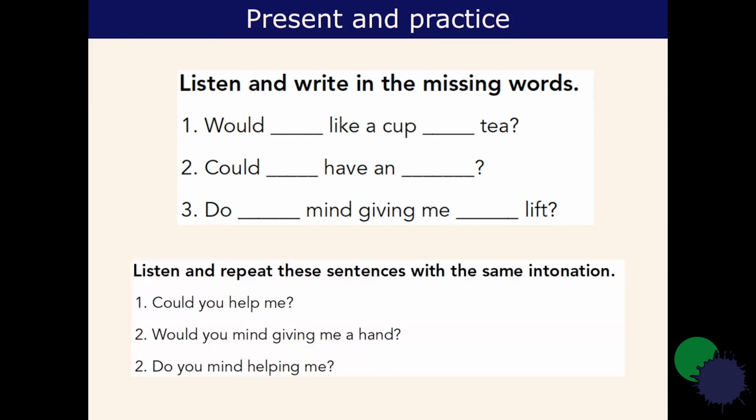The next one is starting to get students to actually speak and produce it themselves. So listen and repeat the sentences. They're listening and the focus is on intonation and probably on whether the question rises or falls at the end. Again, very mechanical.